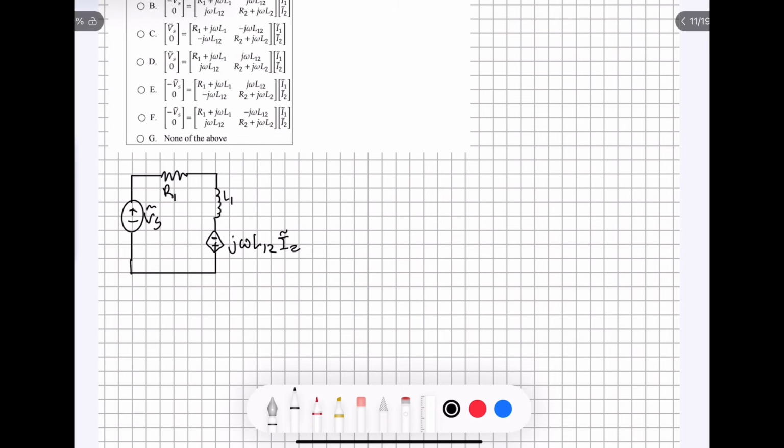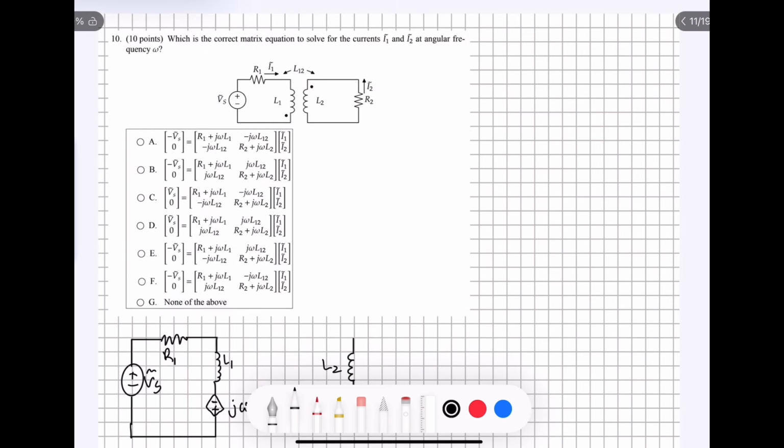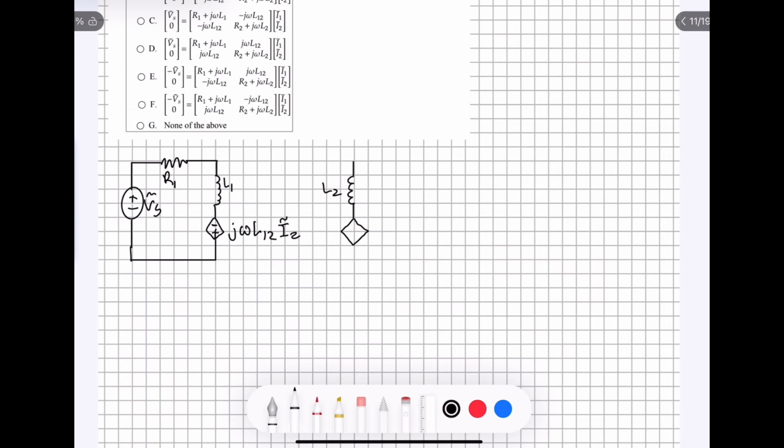and move on to the second part of our circuit, which looks something like this, with our second inductor L2 right there and our second voltage source, which, because in this instance the dot is on the top, is going to be going in the opposite direction, and we're going to have negative J omega L12 I tilde 1.